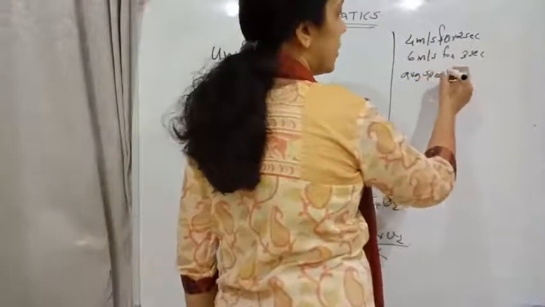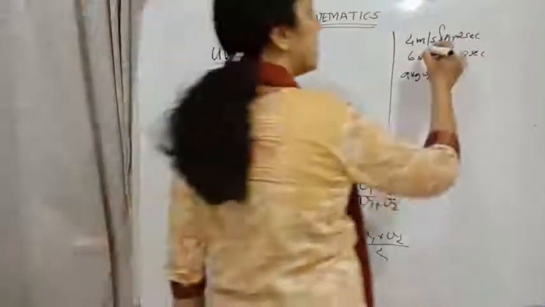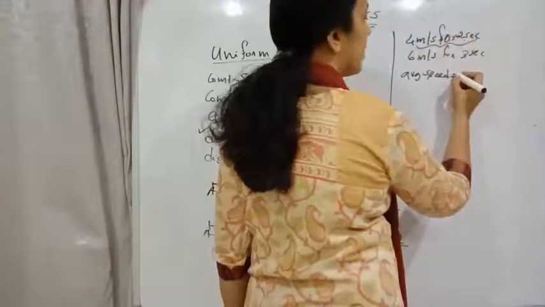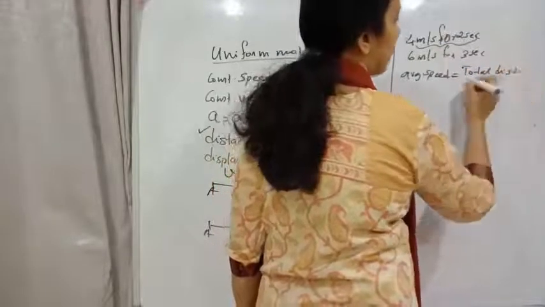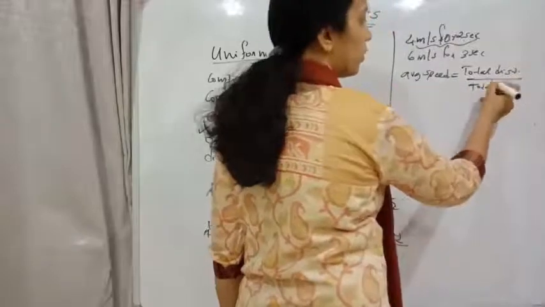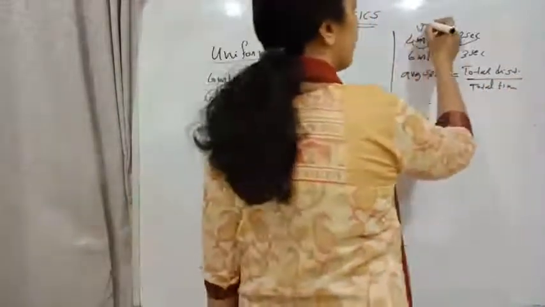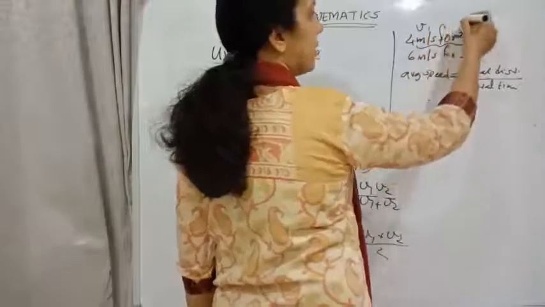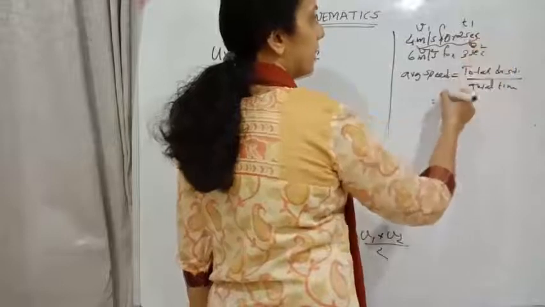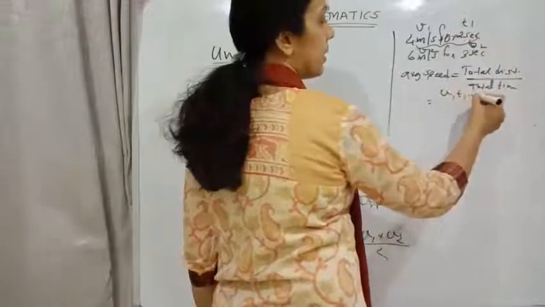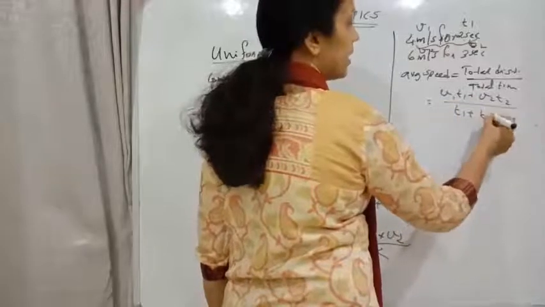Average speed equals total distance traveled divided by total time. Right? So how can we find out the total distance traveled? Here V1 is the speed in T1 time, V2 is the speed in T2 time, then V1 T1 plus V2 T2 divided by T1 plus T2.